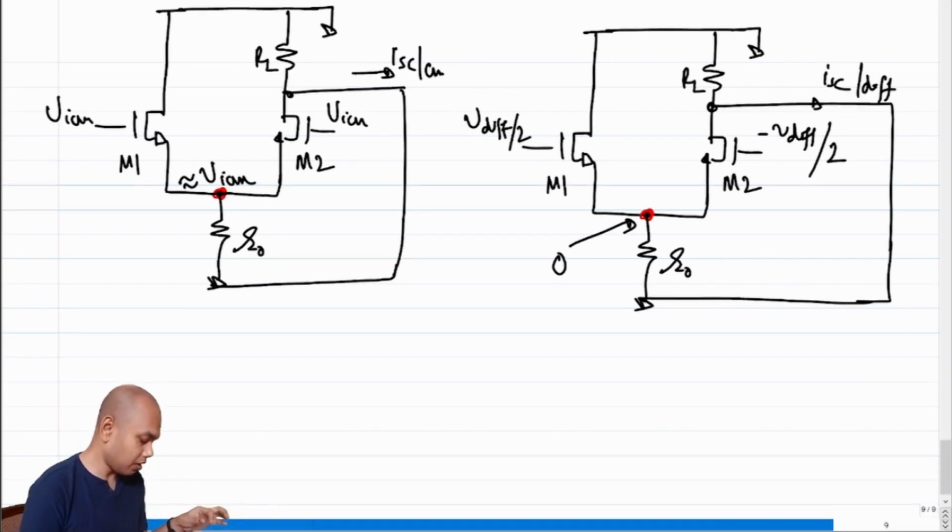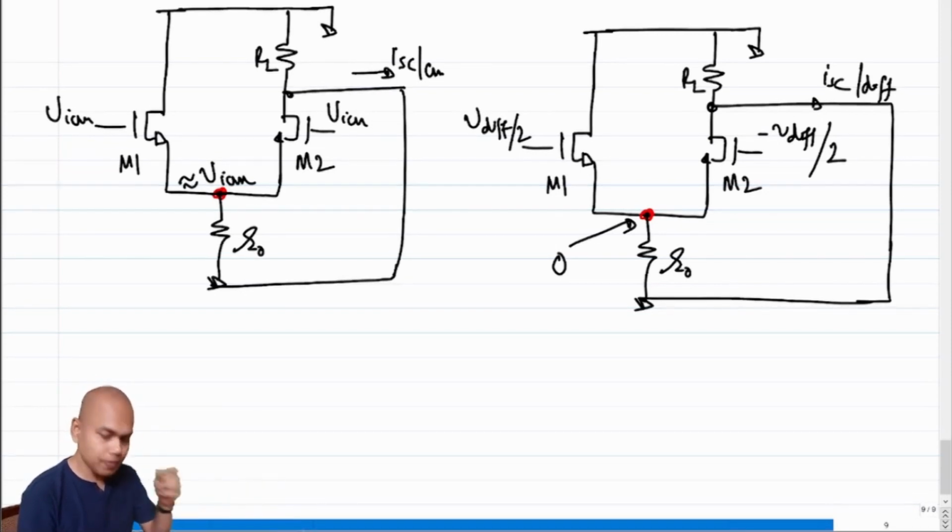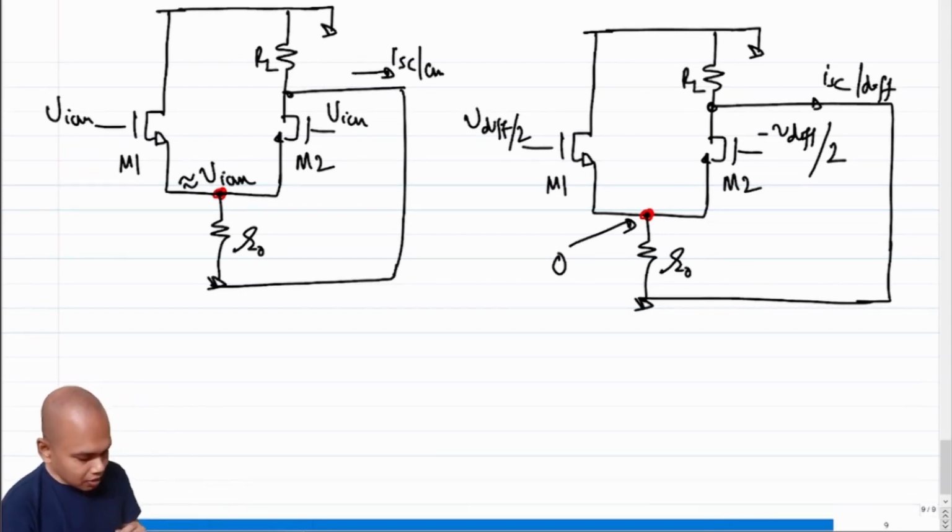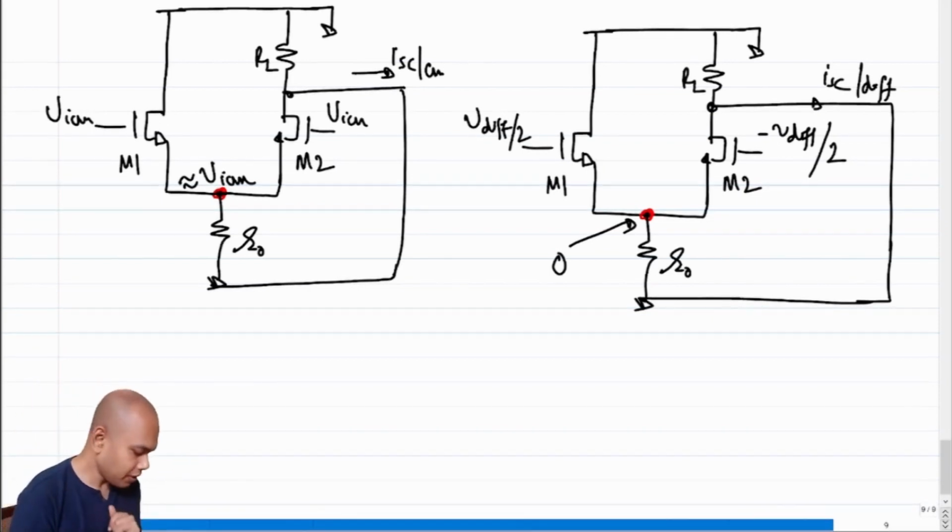Because if the tail node, that is the Vx in the case of a common mode, is actually VICM, then there is no incremental current flowing through M1 and M2. But we saw that's an approximation, because ultimately there will be an incremental current flowing, but that is not captured from this picture. Okay, fine.